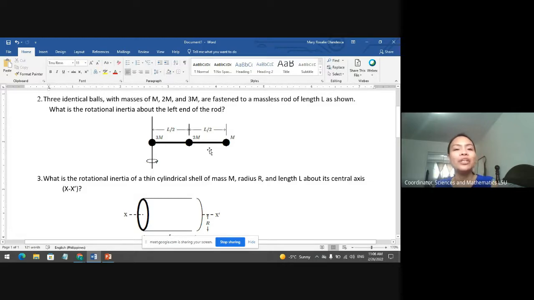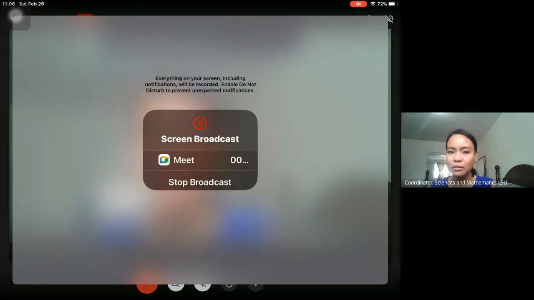You are asked for the rotational inertia about the left end of the rod. So sharing my other screen again. Let's have another page for that one.